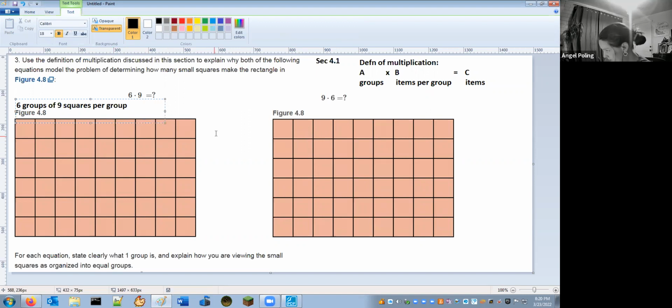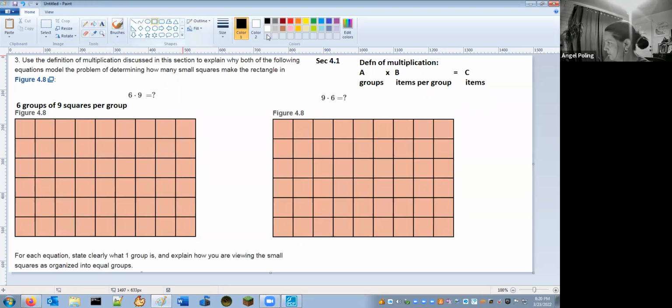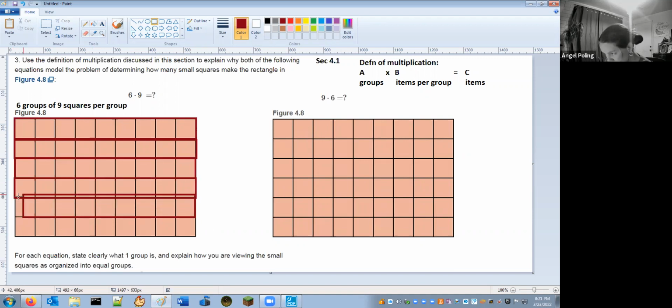And that's going to be in the shape of the rows. Right, so we'll have 1, 2, 3, 4, 5, 6 rows.